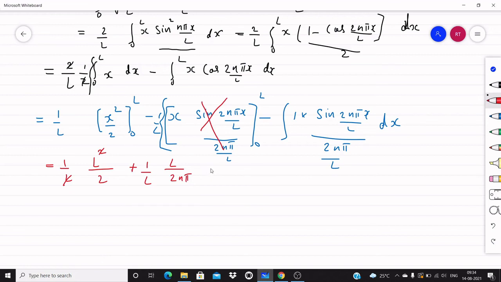Once more integrating, this is n pi into cos 2 n pi x by L divided by 2 n pi by L between the limit 0 and L. Cancel this one.